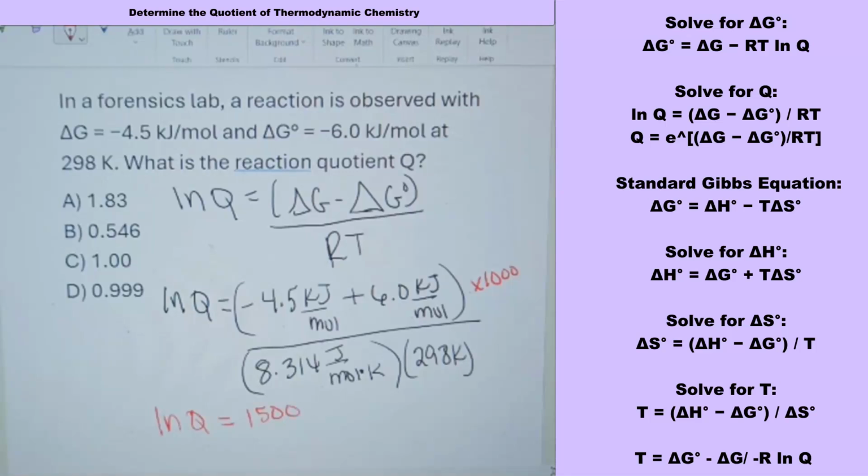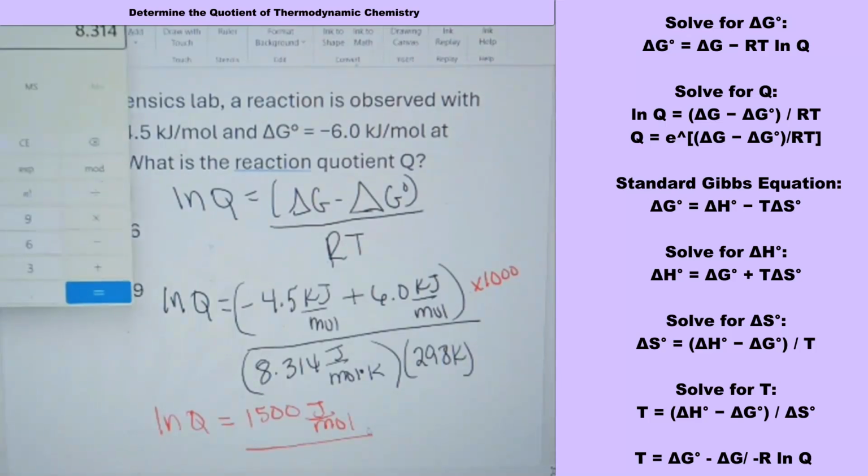Now, let me include it because I don't want to shortcut y'all. That's joules per mole, okay, divided by. So let's go ahead and take this number right here, okay? You've got 8.314 times 298, which is 2478.